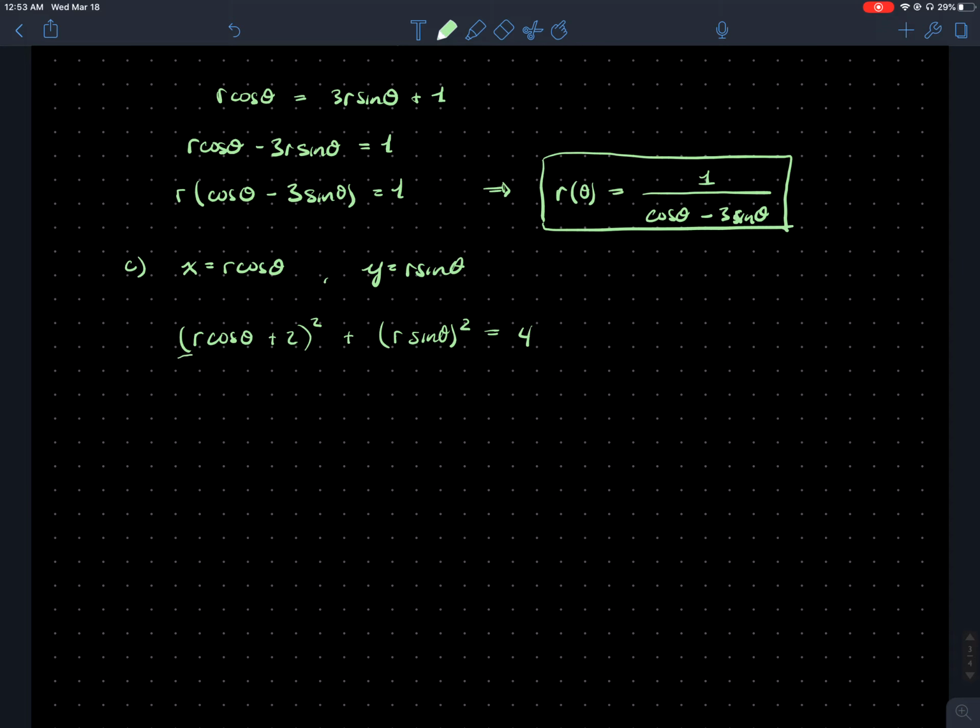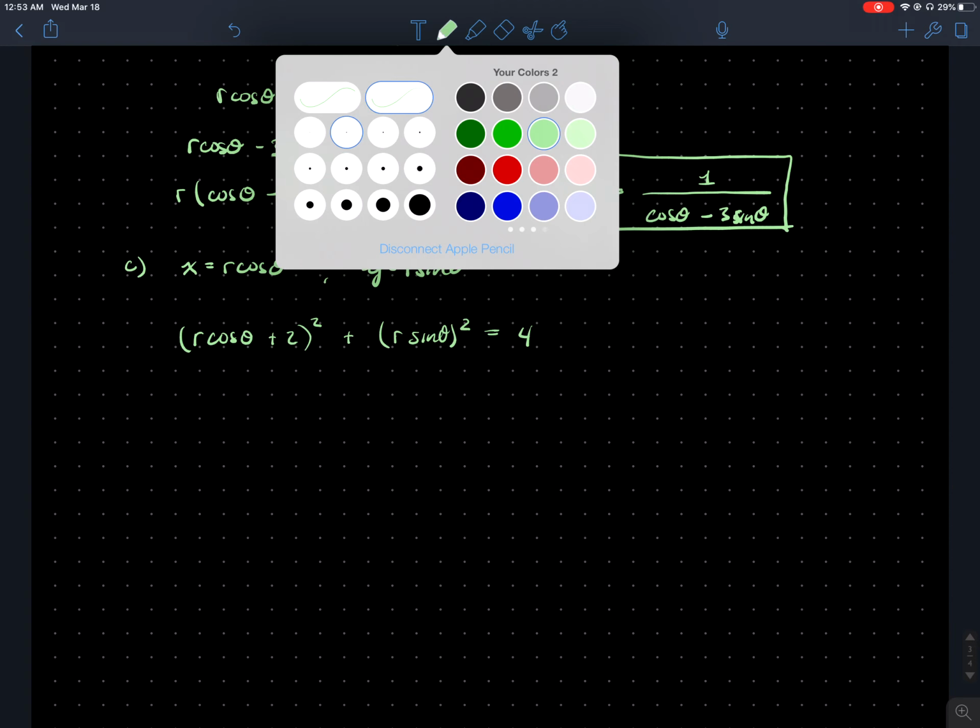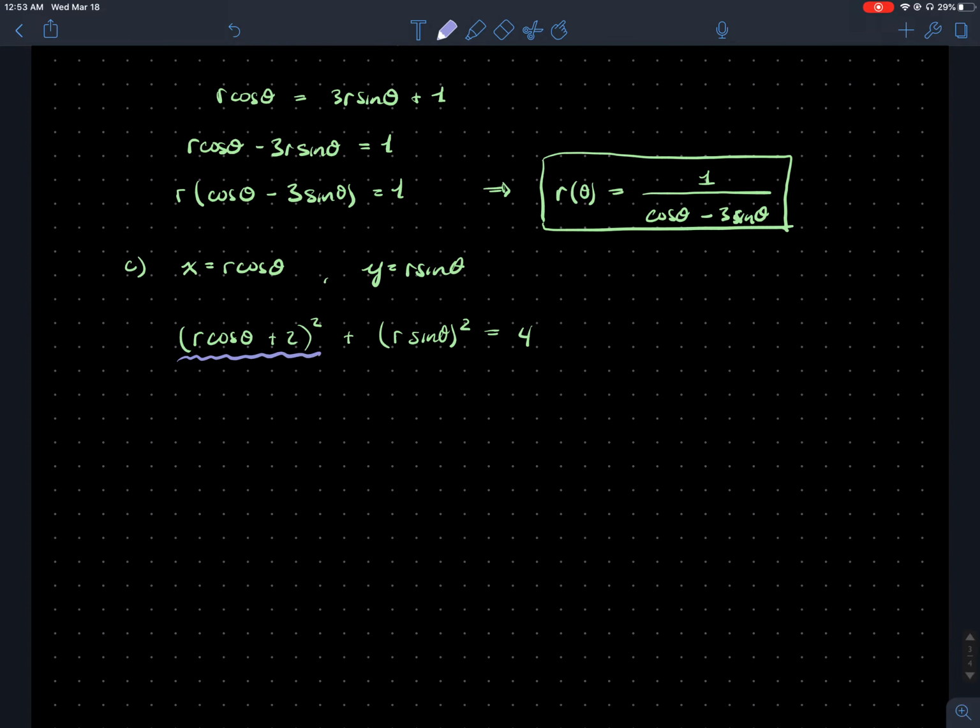Now we're going to need to distribute this guy. So when we take r cosine of theta times r cosine of theta, we're going to get r squared cosine squared theta.